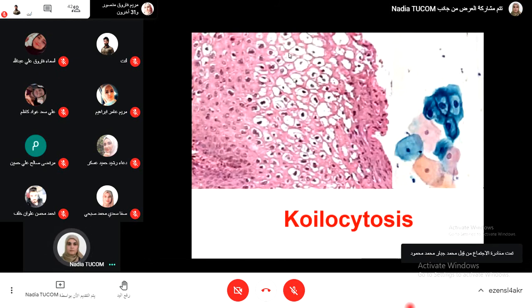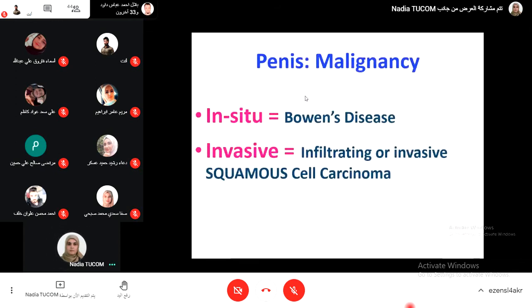This is the effect of human papillomavirus, especially type 6 and type 11. Same as we said for the oral cavity, we divided them into high risk and low risk. Types 6 and 11 are low risk viruses, and 16, 18, 33 are high risk human papilloma viruses. These changes we call HPV cytopathic effects, coilocytosis or coilocytotic atypia.